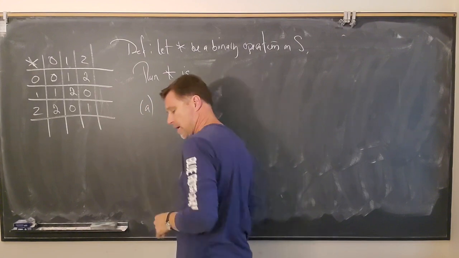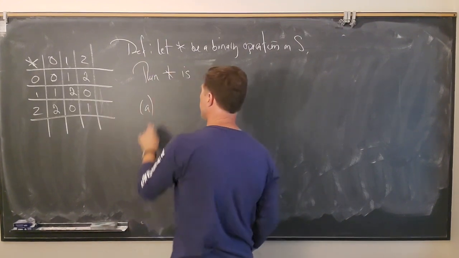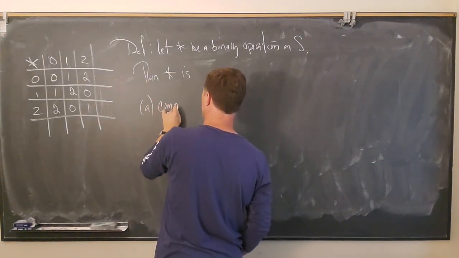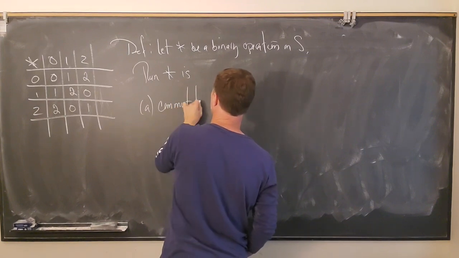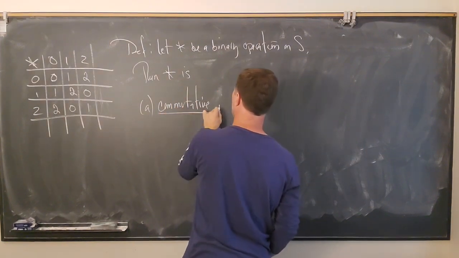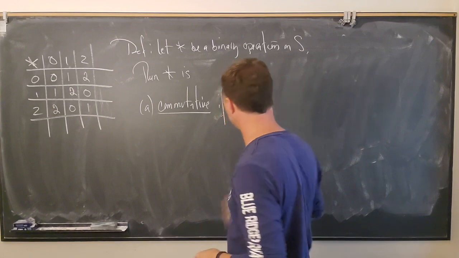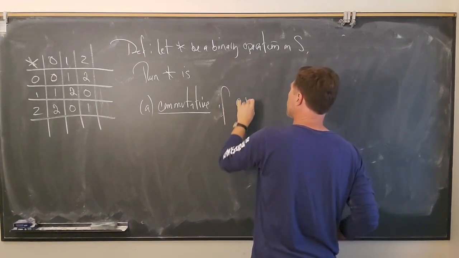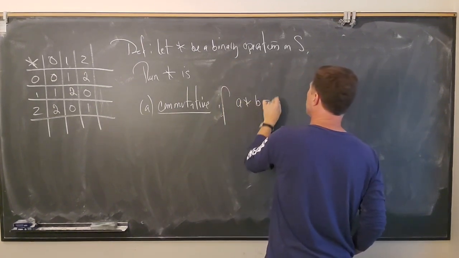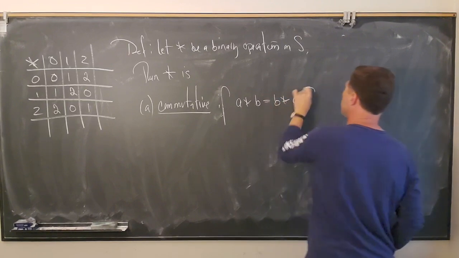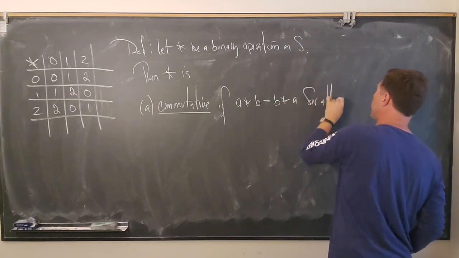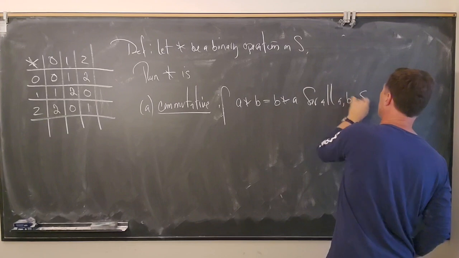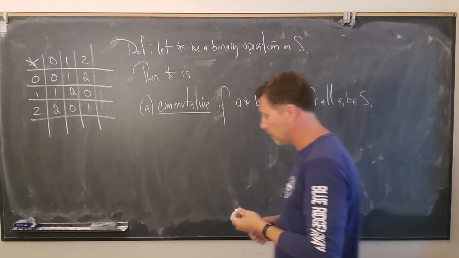Part A: star is commutative if A star B is equal to B star A for all A and B in capital S. So there's your typical definition.